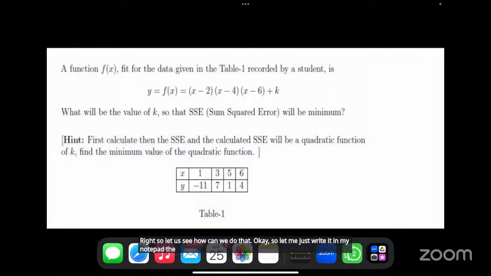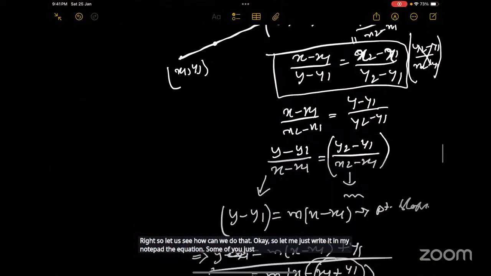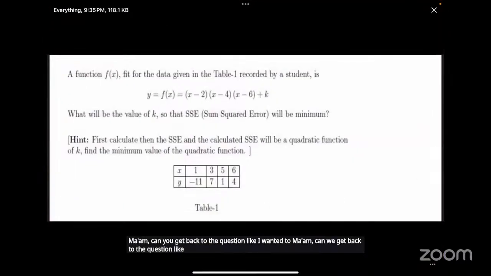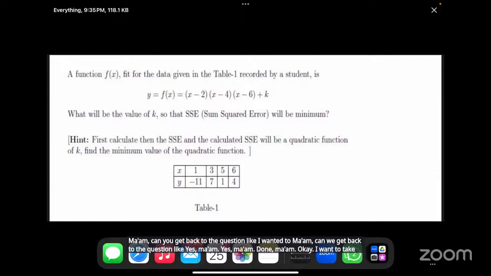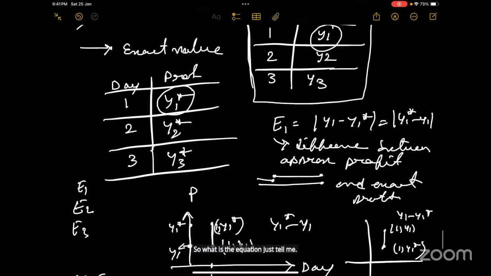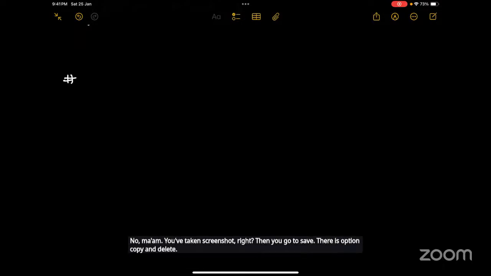Okay, so let me just write it in my notepad, the equation. Some of you just tell me the equation. I will write the equation and just copy paste. Ma'am, can we get back to the question? I wanted to take the screenshot. Then you go to save, there is the option copy and delete. You copy, that we can do.